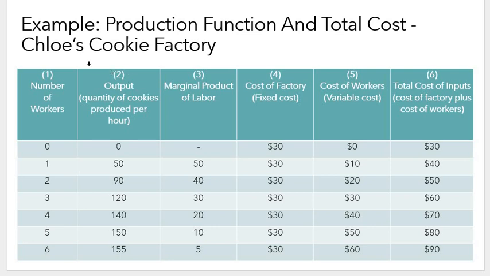So a production function plots column 2 against column 1, while a total cost function plots column 6 against column 2. So even though those two graphs contain information from the one same table, we're actually studying the relationship between different variables using different graphs or curves.